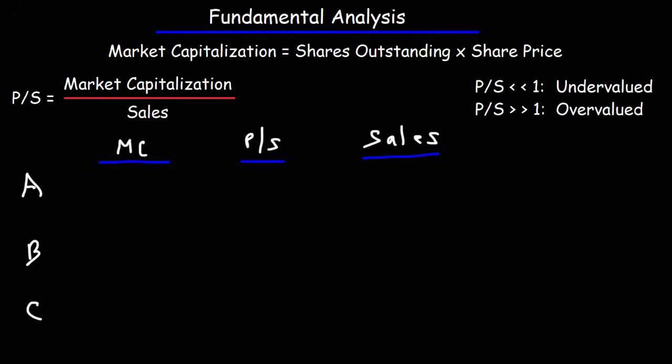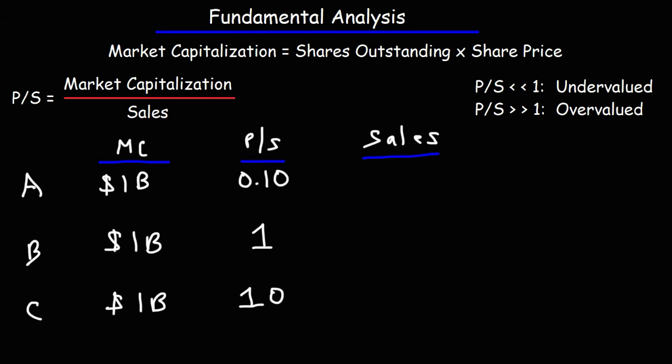So in this example, let's assume that the market capitalization for each company is the same. We're going to go with 1 billion. Now the price to sales ratio is going to be different for each company. So for company A, the price to sales ratio is going to be 0.10. For B, it's going to be 1, and for C, it's going to be 10.